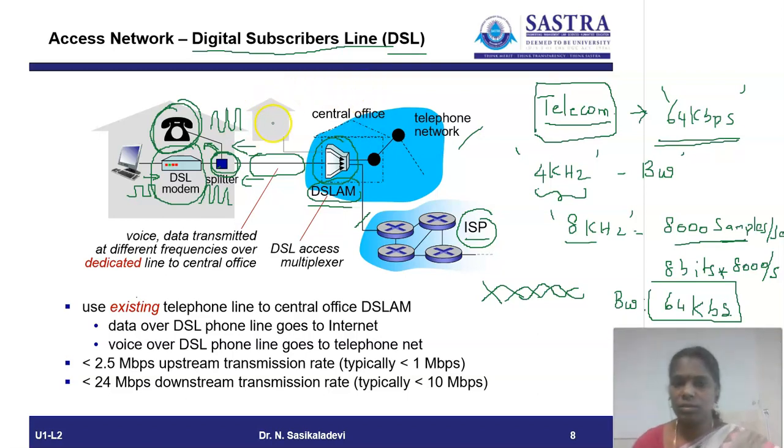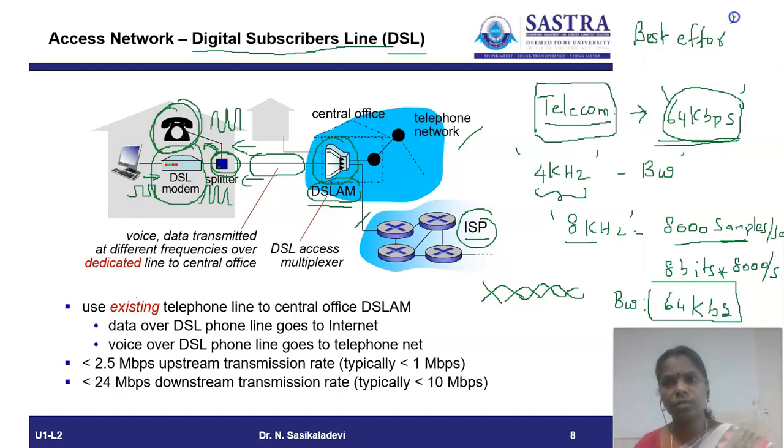But here you have to think about an important point related to the internet. If you're using telecommunication, as I said already, only 64 kilobits per second bandwidth is enough. But the internet is known as a best effort network. I think you might have seen this word, best effort. Best effort network means if the bandwidth is available, then the user can enjoy the higher bandwidth. If the bandwidth is low, there is a possibility of packet loss.